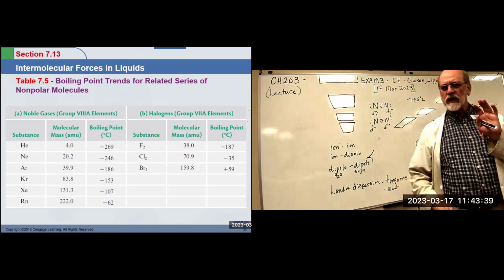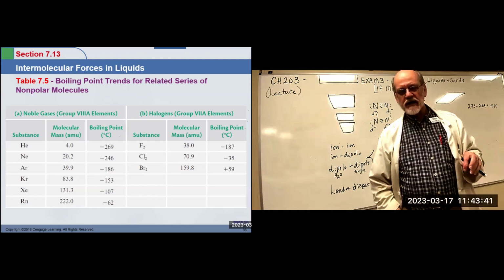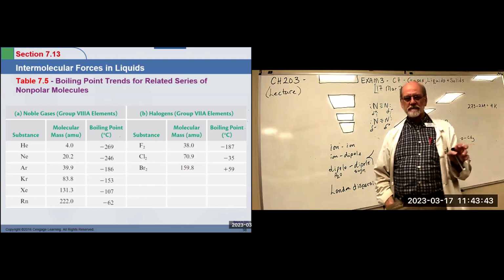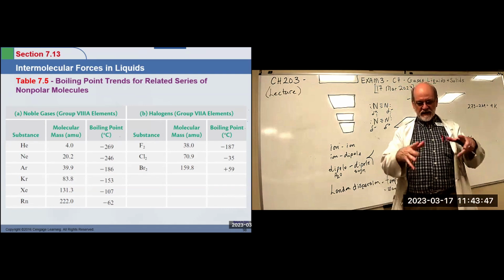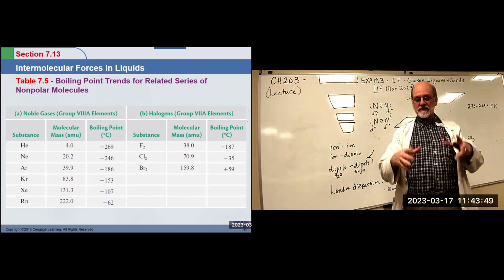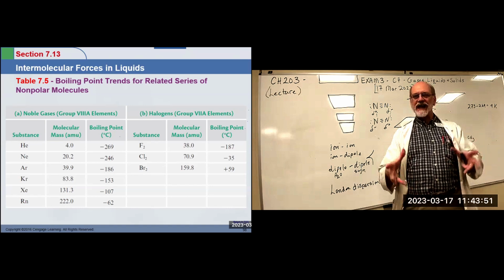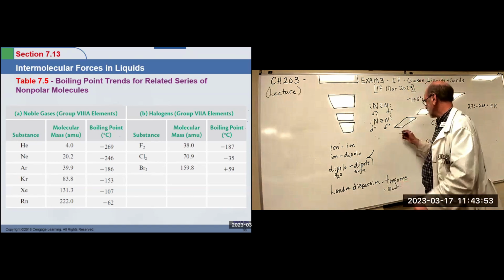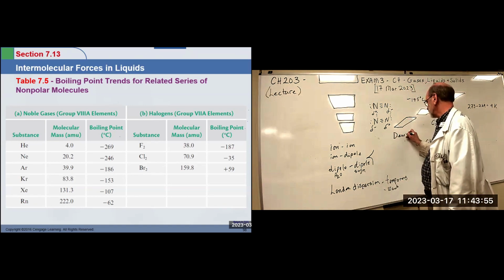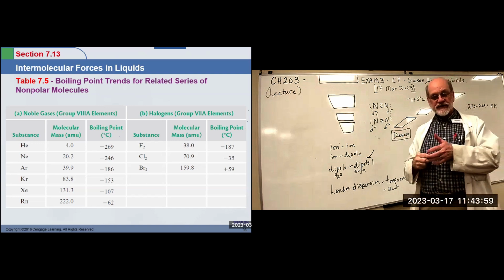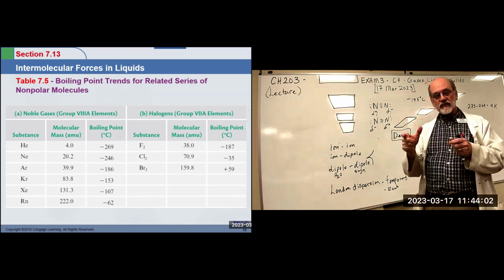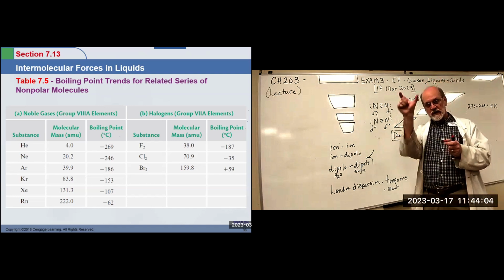It's really a weird substance. If you ever have a chance to look at video of it, I've seen it up close and personal. Liquid helium in a thermos, they call them a Dewar flask. Right? Just like a thermos bottle, it's silvered, and there's a vacuum between the two containers.